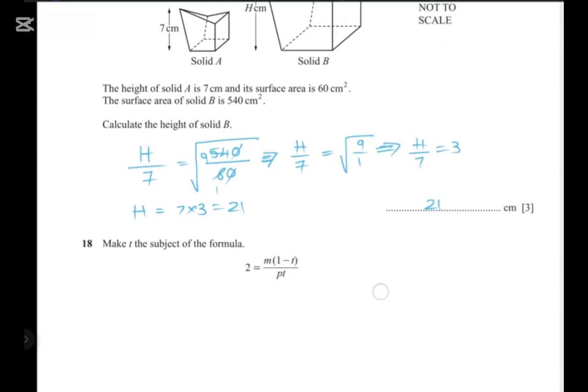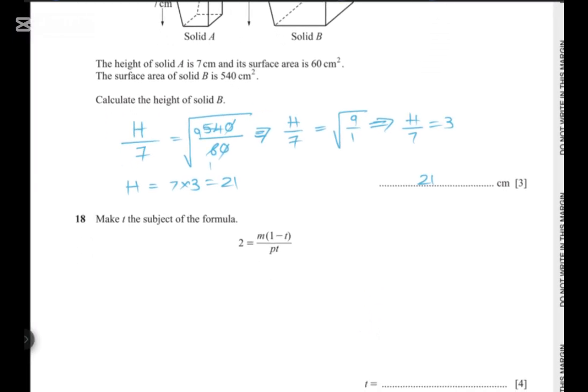Question number 18. Make T the subject of the formula. We need to change the subject here. The question is given here: 2 is equal to m into 1 minus T by PT. So flip the equation to find the subject of the formula. m into 1 minus T by PT is equal to 2.